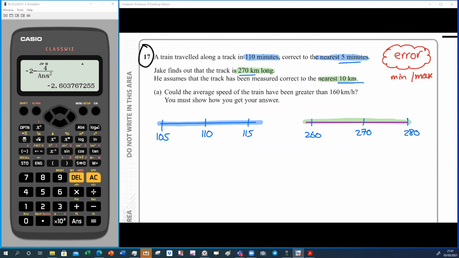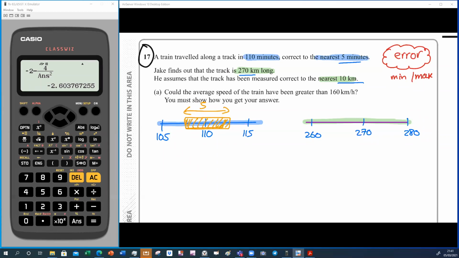Fantastic. Now, whenever we do an error, it's going to be to the nearest 5, so there'll be 2.5 here and 2.5 there. 2.5 minutes, sorry.